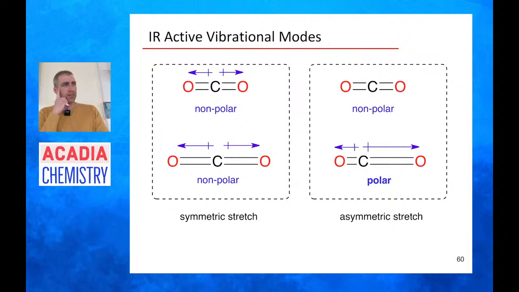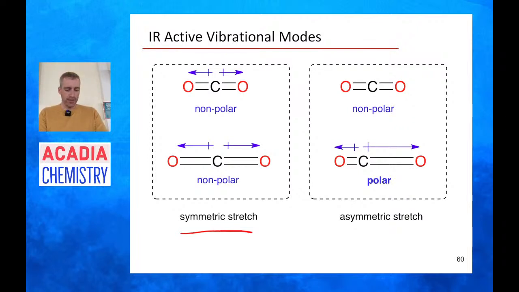But remember, we said we were going to put this idea together of polar bonds together with the vibrations that these molecules can do. And what happens with CO2 during its symmetric stretch? That just means, remember, the 2 oxygens stretch out, come back in, stretch out, come back in.